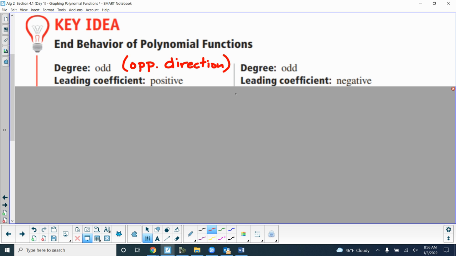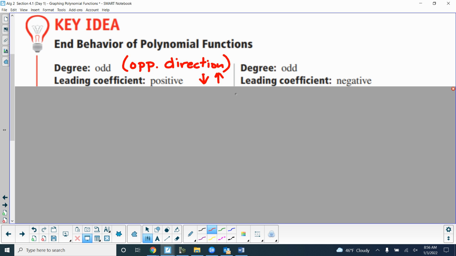So, not even looking at an actual polynomial right now. If the degree is odd and the leading coefficient is positive, I know my far right is going up. And since it's odd, that means the far left is going opposite, so it's going what? If the far right's up and they're in opposite directions, what's the far left? Down.